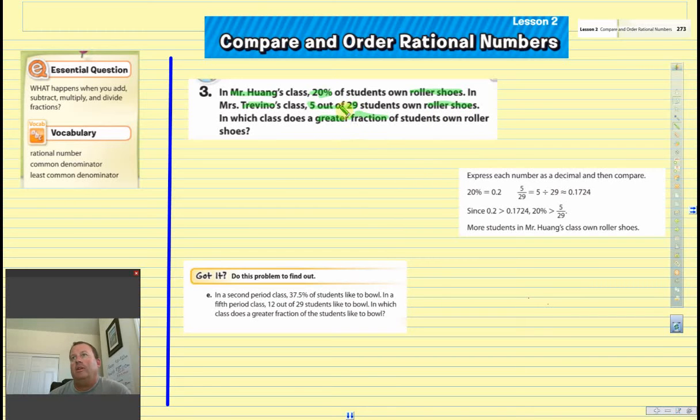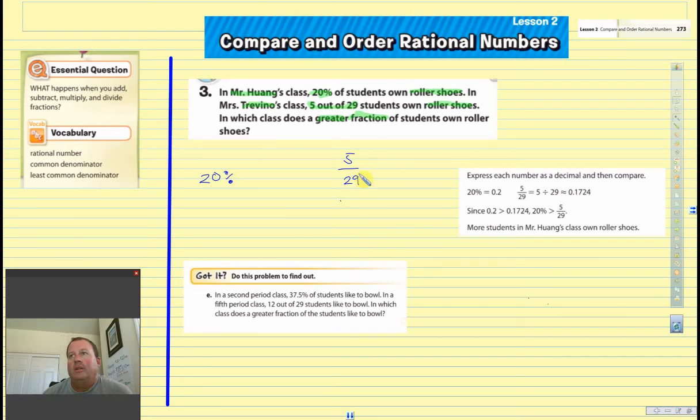Well, first of all, not all of them are fractions. In one instance, we have 20%. In the other instance, we have 5 out of 29. There's a couple of ways that we can do this.